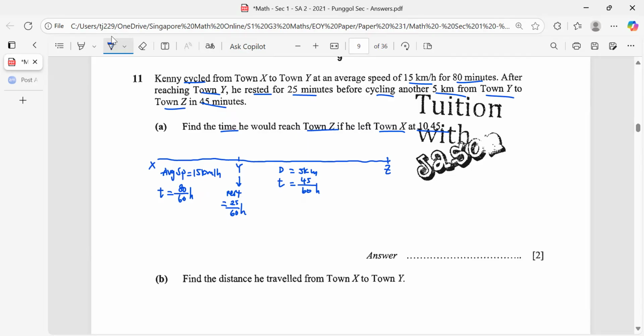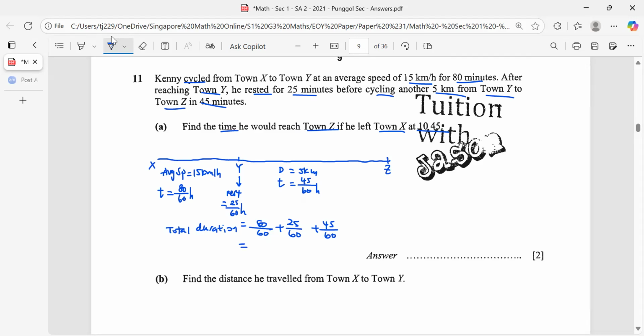So find the time he would reach town Z if he left town X at 10:45. Okay. Now, thing is that we have all the duration for the various parts. But let's add up the duration, okay? So total duration, we have 80 out of 60, 25 out of 60, and 45 out of 60.